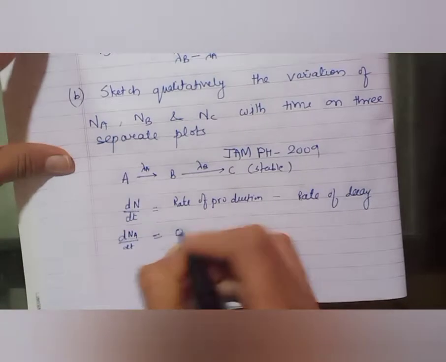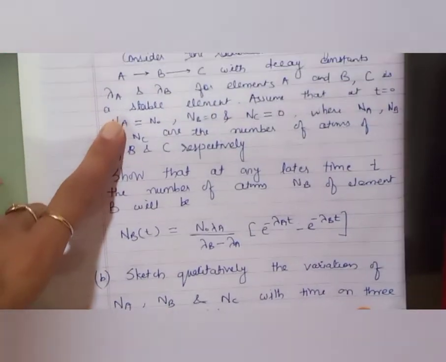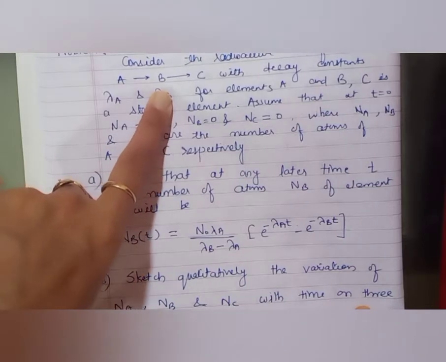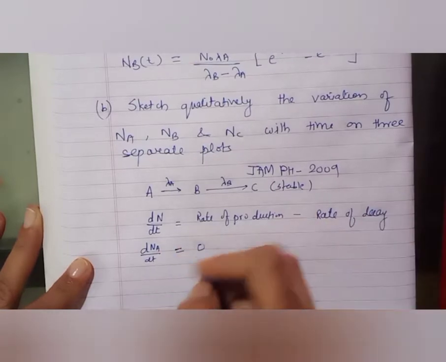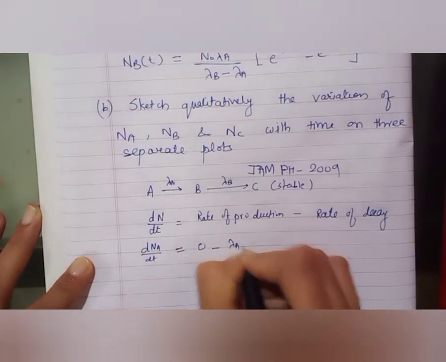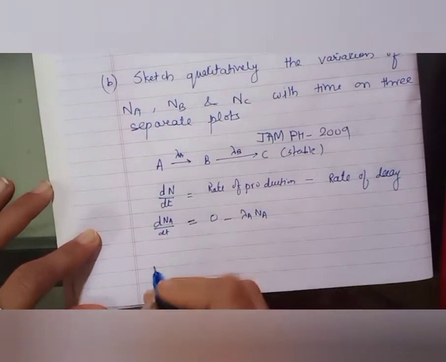Initially this element is already there and it started decaying. So there is no rate of production, only rate of decay. So rate of production is 0 minus rate of decay, lambda A Na.